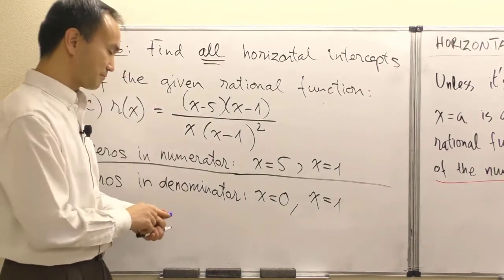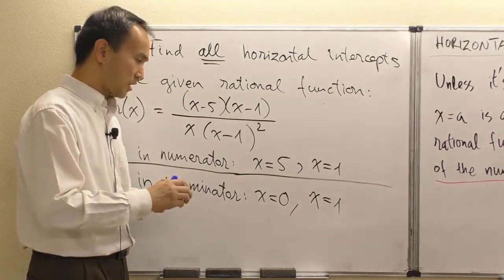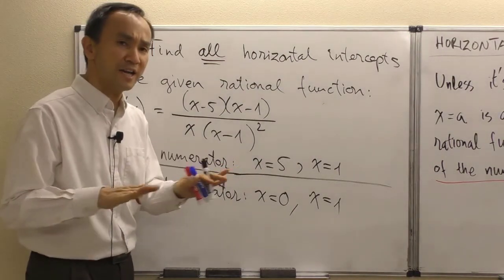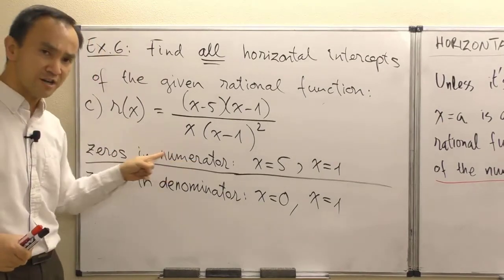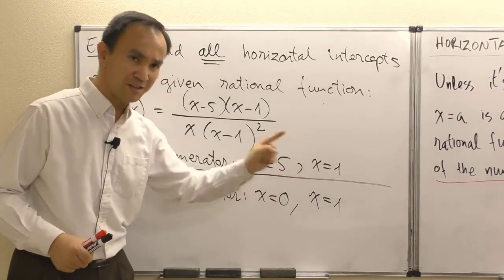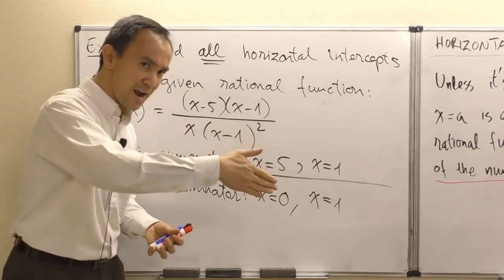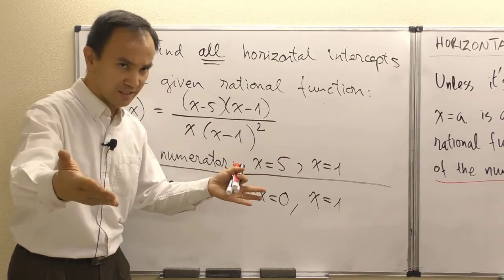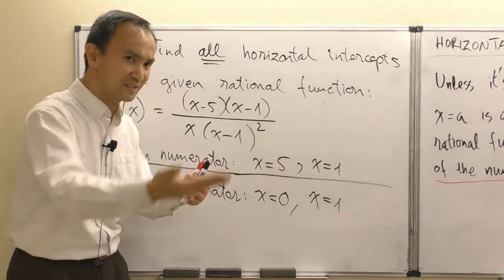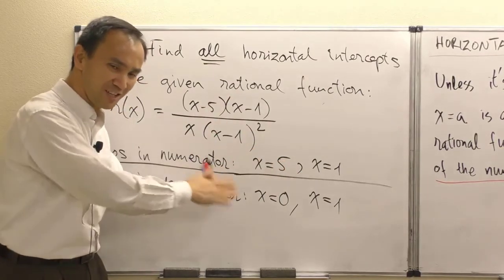All right. So again, all candidates for being horizontal intercepts are the zeros in the numerator. So these are all the candidates right here. But some candidates will pass and become the actual horizontal intercepts. Some other candidates may fail because they also appear to be a 0 in the denominator.